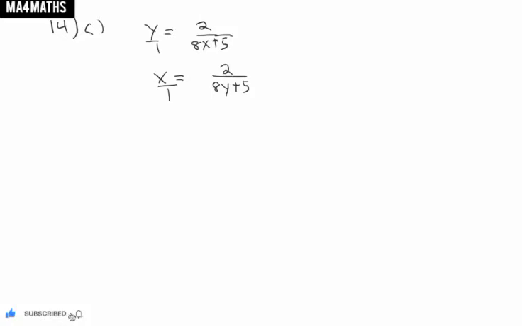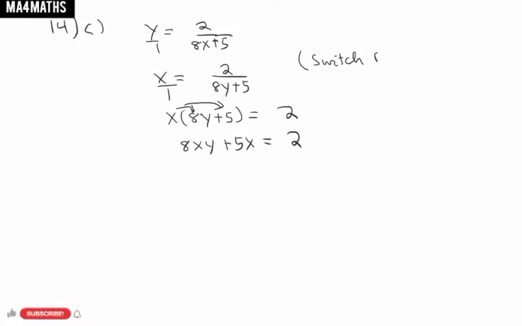And if you cross multiply, this will give me x times 8y plus 5 equals 2. Are we good? Then if you distribute, you'll have 8xy plus 5x is equal to 2. First we switch roles for x and y, and then the next step is to solve for y.